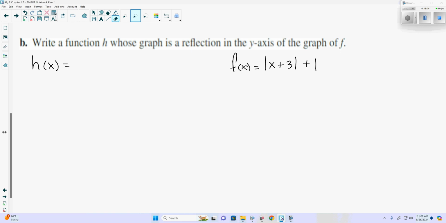Okay. So which transformation are we talking about? Well, for reflection across the y-axis, the general form is what? F of negative x.